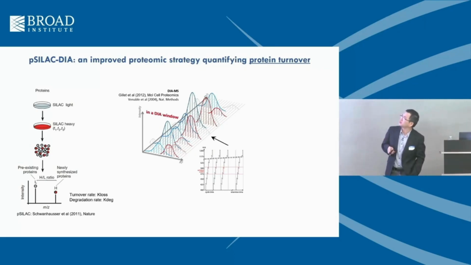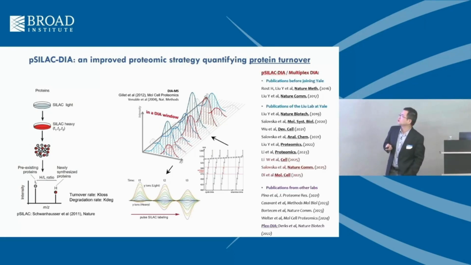So we reasoned that we could combine these two to boost the identification and quantification of proteins with turnover rate at the proteome scale. I actually studied this combination when I was doing a postdoc in Ruedi Aebersold's group over 10 years ago. After I joined Yale, in my independent lab, we greatly enhanced this research line.